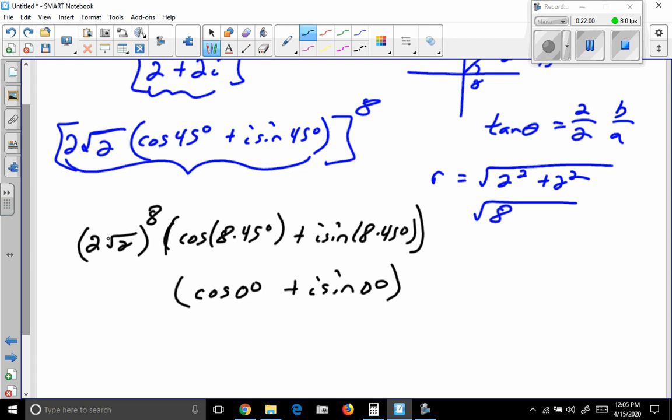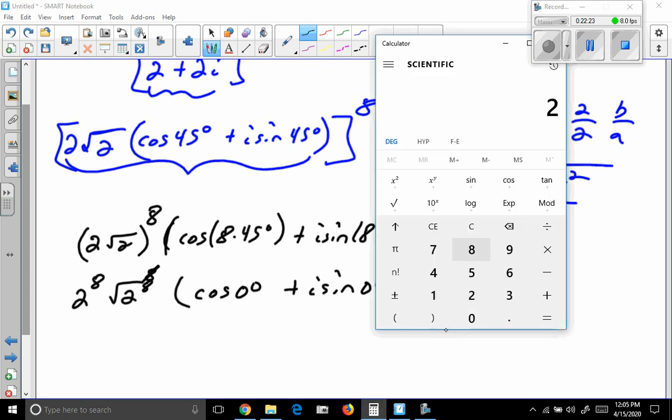And then we just need to do 2 root 2 raised to the 8th power. So we're going to have 2 to the 8th power and root 2 to the 8th power. We can do this either way we want to. We could do the 8 on the outside or the 8 on the inside. If we put the 8 on the inside, notice we have 2 to the 8th, and then we're taking the square root of that, which is 16.